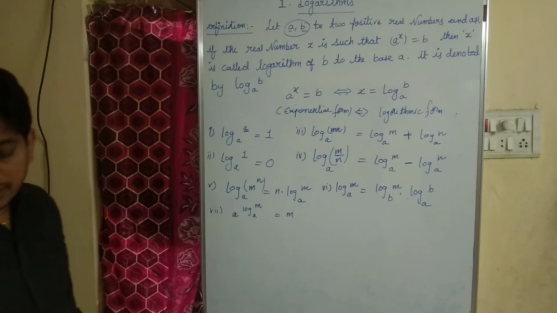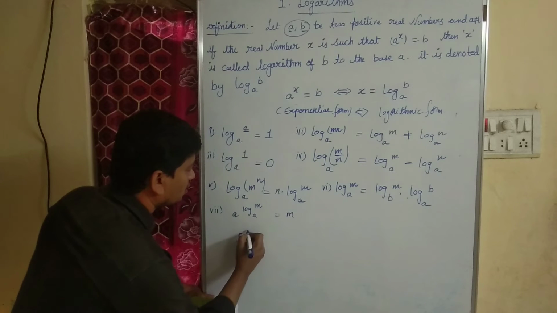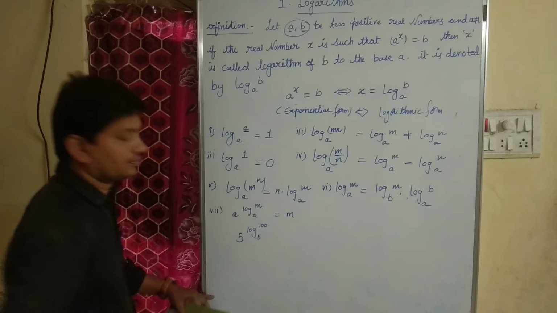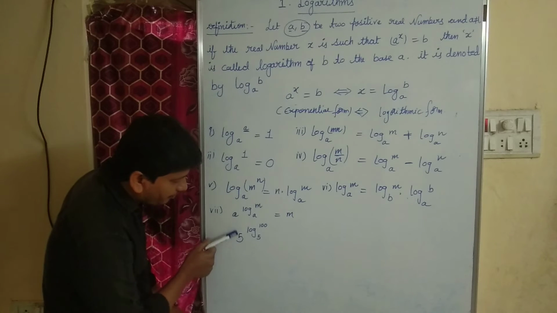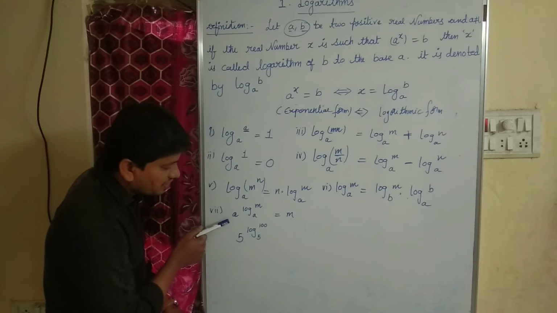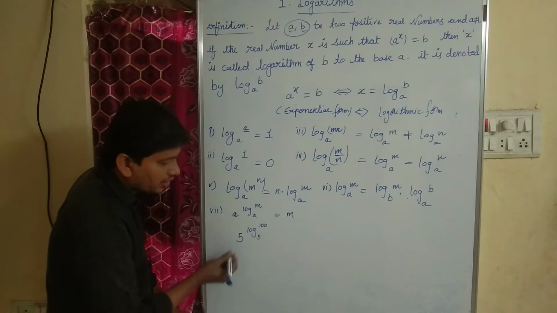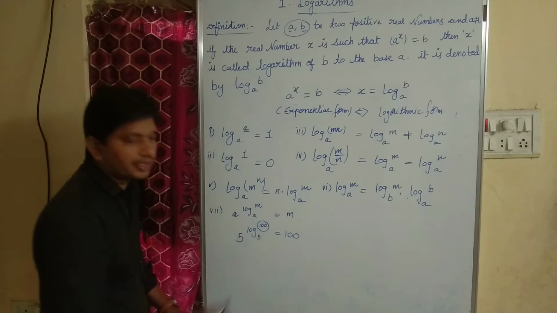For example, let us see 5 power log 100 to the base 5. They may ask a question like this: 5 power log 100 to the base 5, right? See, which is in the form of a power log m to the base a. Here what is m? M in the sense 100, so the answer is what? 100.